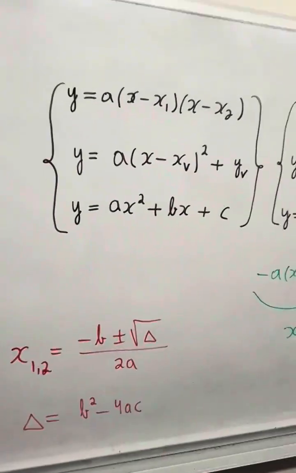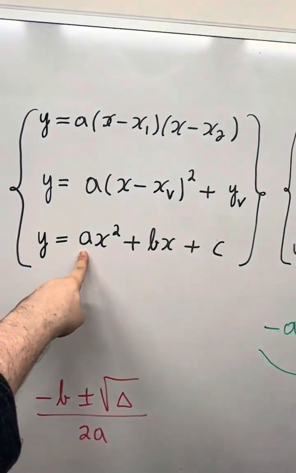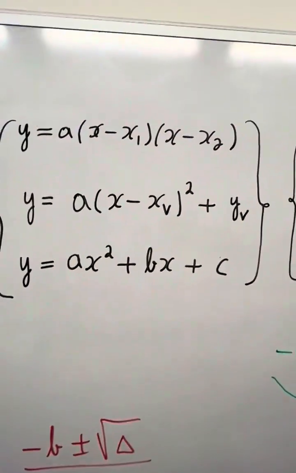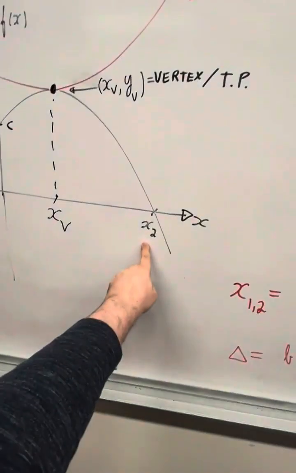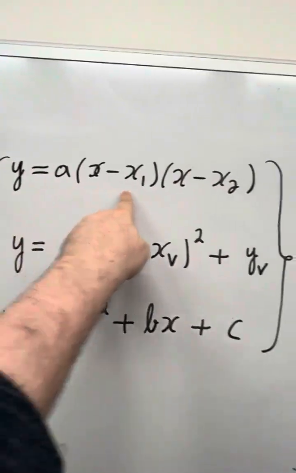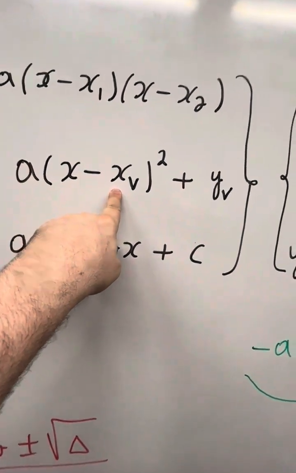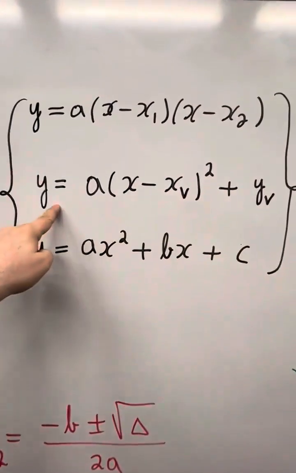So three possible equations for the parabola are in terms of our coefficients a, b, and c. If we have real solutions, x1 and x2, we can express the parabola like this. And in terms of the vertex of the parabola, x of the vertex and y of the vertex, we have this equation here in the middle.